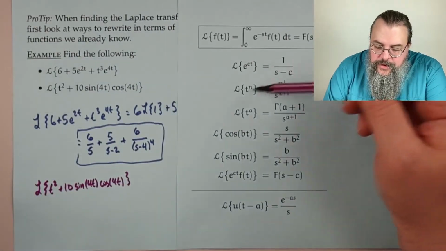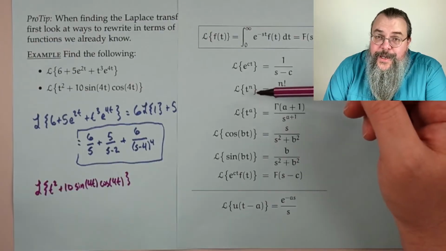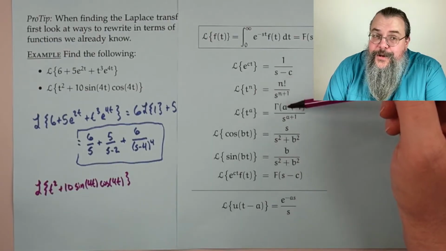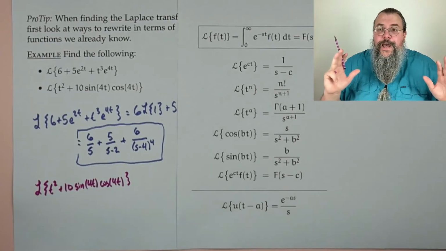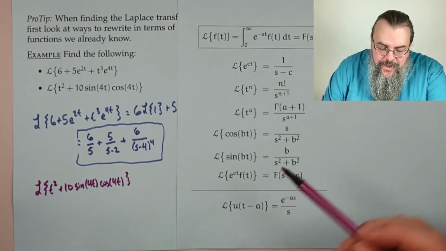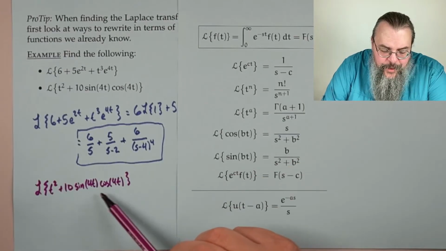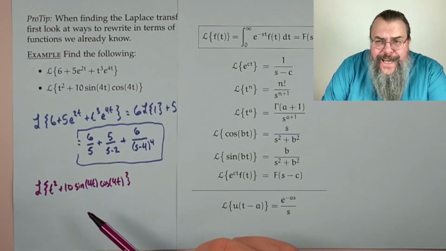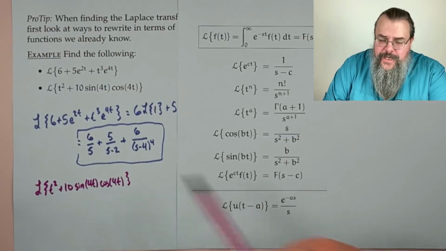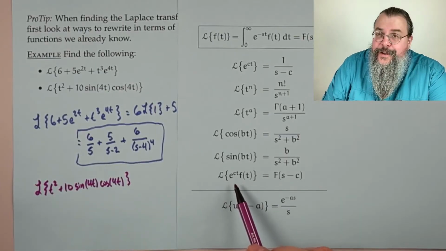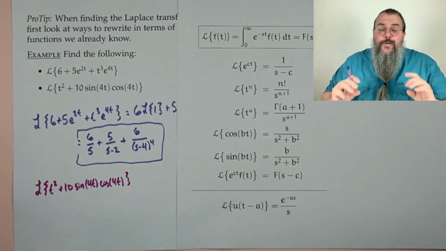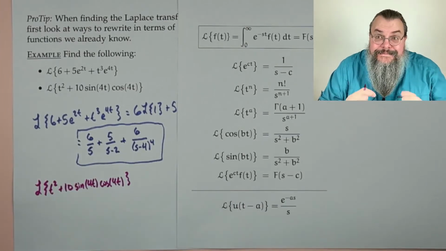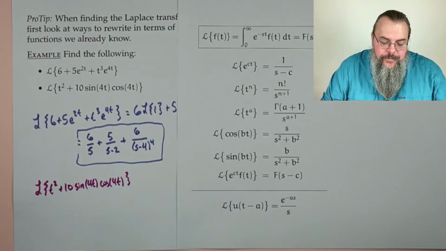Okay, t squared, no problem. T squared, n equals 2. 2 factorial over s cubed. We can handle that. That's fine. But notice this is multiplying. We don't have any rule yet for multiplying other than this e to the ct. So we're getting into a little bit of, careful here.